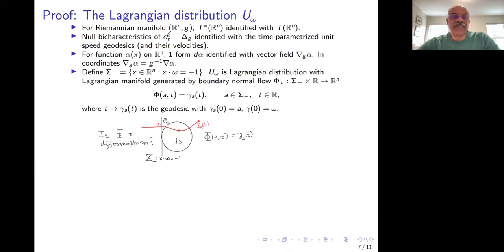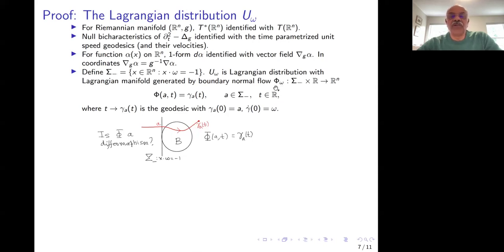So the flow is defined as follows. Okay, so the plane waves are coming in. They hit this plane x dot omega equals -1. Each of those rays hits it at some point A, and then you follow the geodesic which starts at A and whose velocity is perpendicular to this plane, so its velocity is omega. And it'll trace out something like that. And you do this for every point A on this plane x dot omega equals -1.